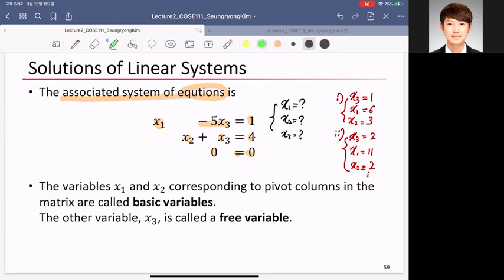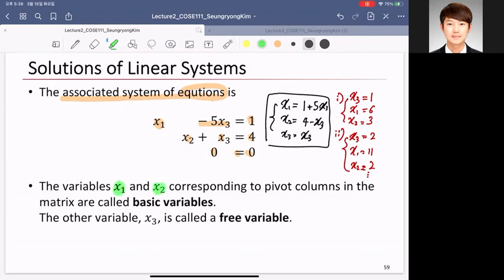To derive this kind of infinitely many solutions, we can represent x1, x2, x3 as x1 is equal to 1 plus 5x3, x2 is equal to 4 minus x3, x3 is equal to x3 itself. Like this.